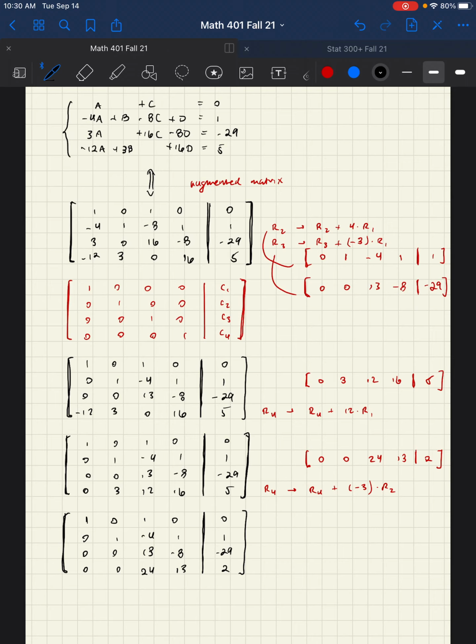So we're going to replace row 4 with row 4 plus, and the surefire way to get rid of that 24 is to multiply by the right number.